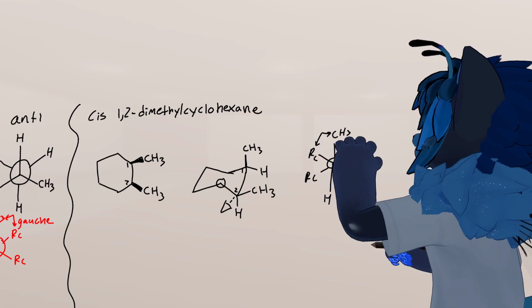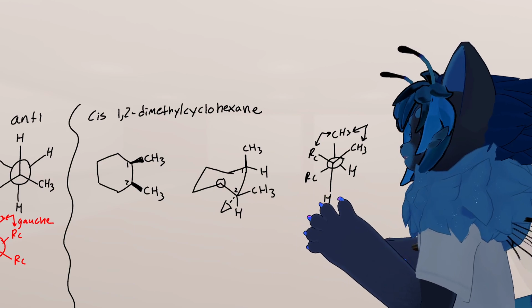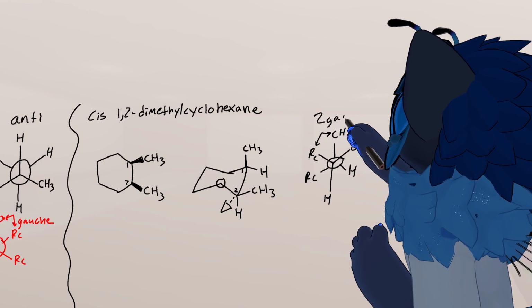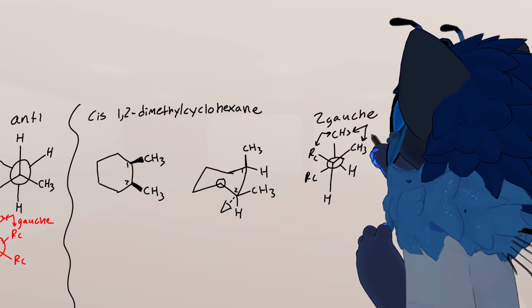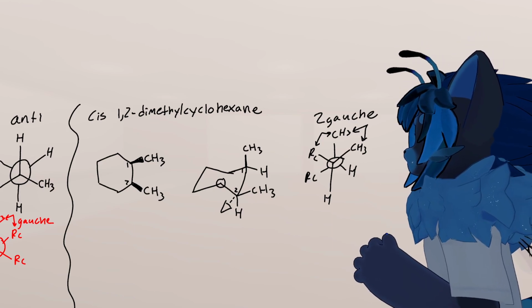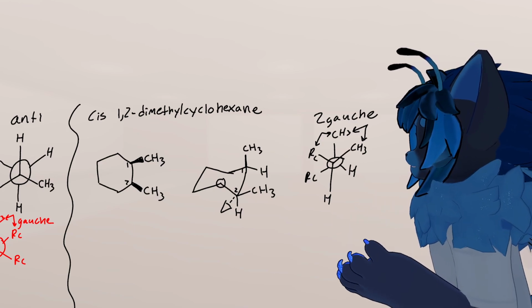And we see that the methyls are actually gauche to each other. So in this one conformation right here, we see that we already have 2 gauche interactions. If I were to chair flip it, then it would probably be the same thing.